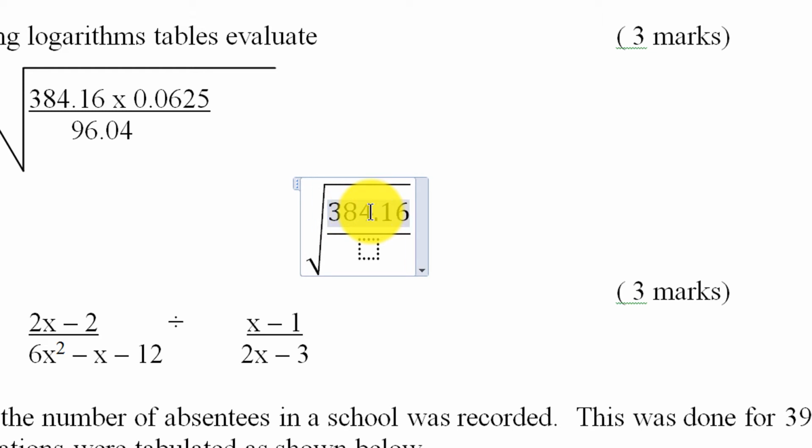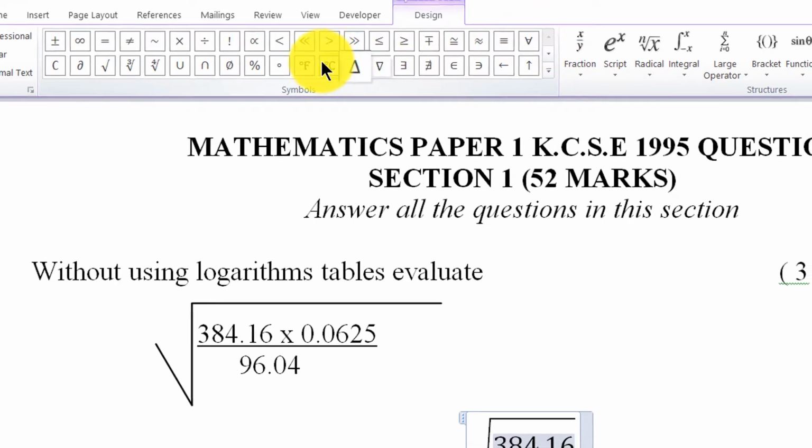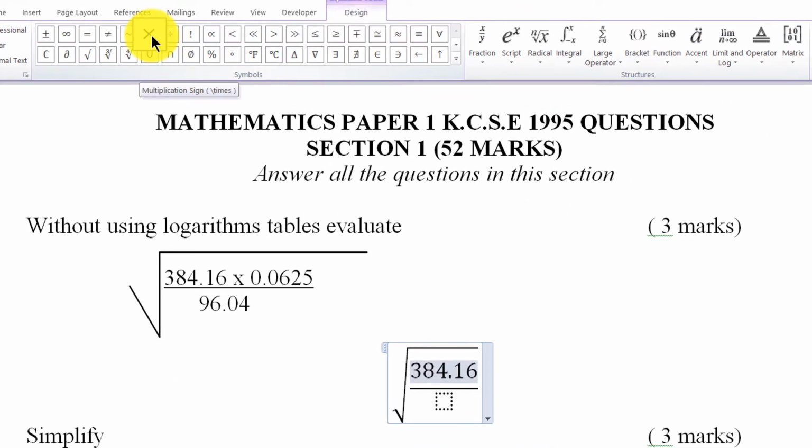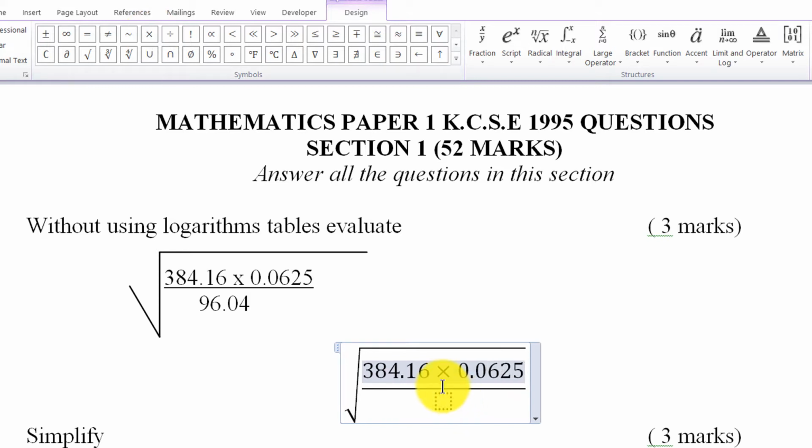That one is multiplied, so I'll look for that operator, and the multiplication sign is here, times 0.0625, and you can see that everything is falling in place.